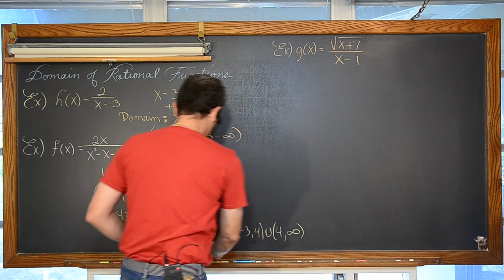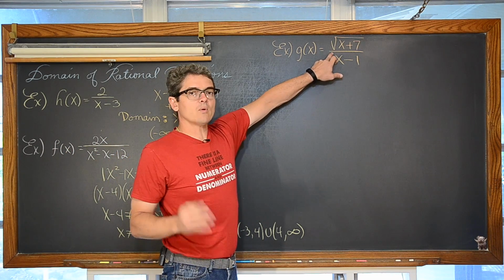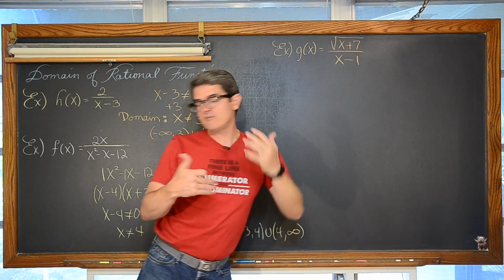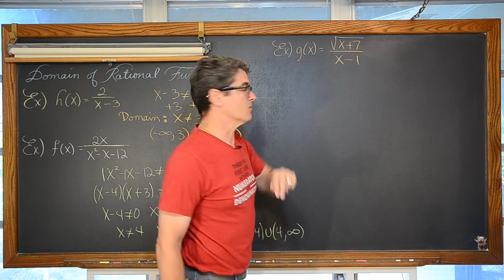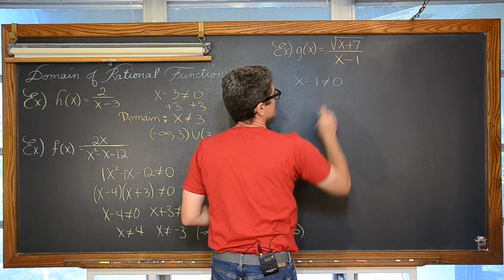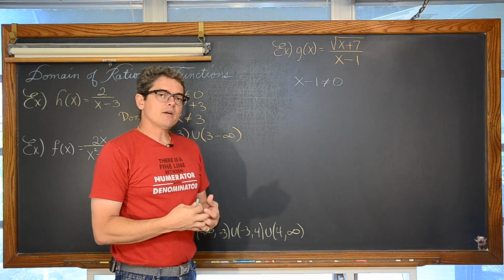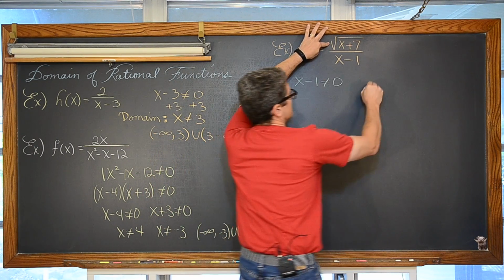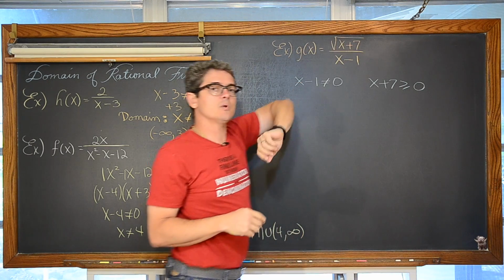Now on our third example, we're getting a little bit more complicated because not only do we have a rational function, a fraction, which means division, but we also have an even root, a square root. So we're going to have to do two things here. We have to make sure that x minus 1 does not equal 0, but that's not going to be the only restriction, because with the square root in the numerator, we need to make sure that x plus 7 is greater than or equal to 0.